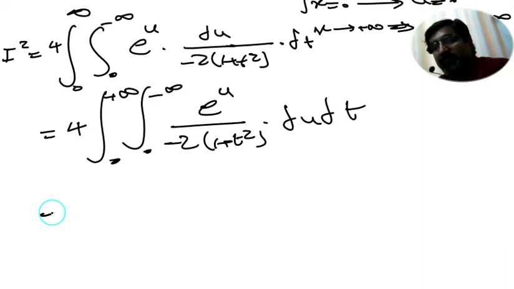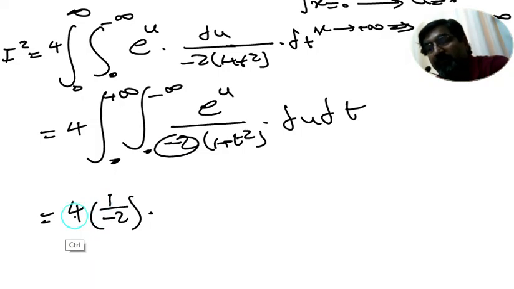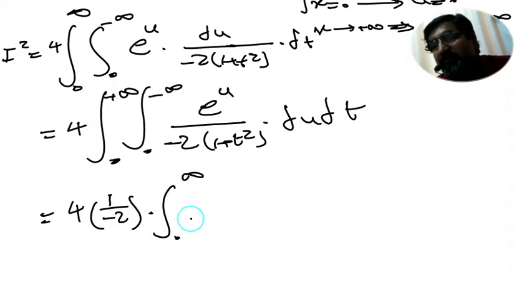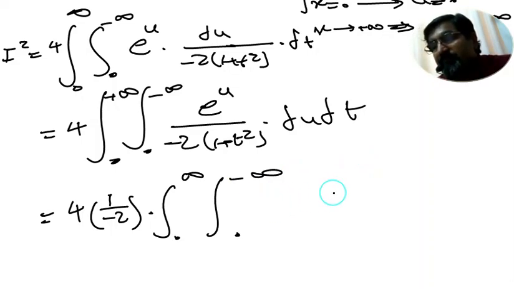Organize this integral: 1 over minus 2 is a constant, so we can write it outside.